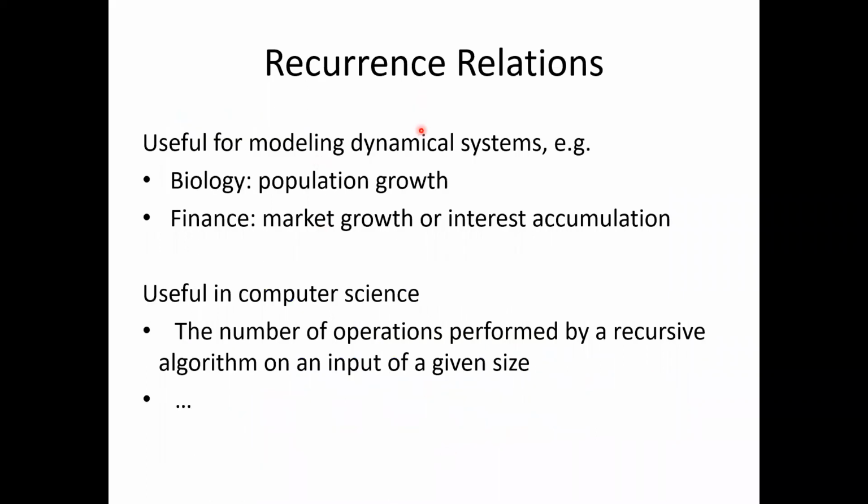Okay, why are we talking about these recurrence relations? These formulas capture dynamic systems, like population growth. The number at this point is some function of previous numbers and some environmental factors, right? Finance is another kind of dynamic system.